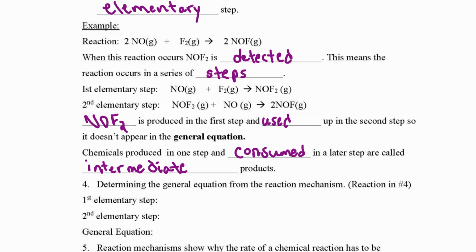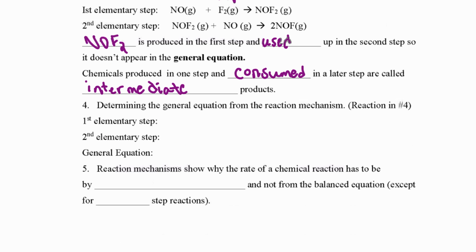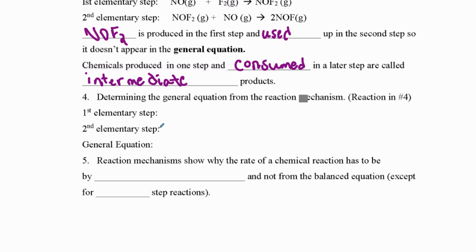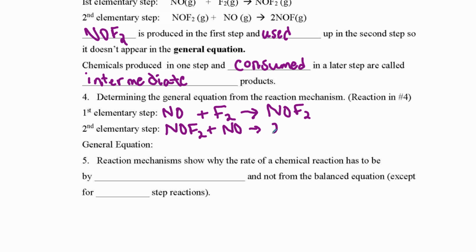So let's just rewrite out these steps, and then I'll show you how to come up with the general equation. So in our first step, we said NO plus F2. So those are our 2 reactants, but they don't instantly go to the product. They go to this intermediate here. And then in step 2, the intermediate combines with NO again to finally get to the product.